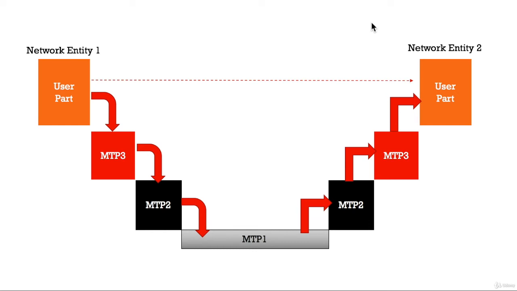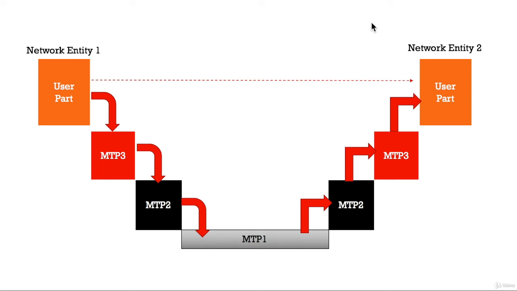The MTP1 layer is basically the bits and bytes level information, like which voltage signal is used for transmitting 1 and which for transmitting 0. So that way MTP1 layer is equivalent to the physical layer. So this is the way the network entity 1 sends the information to the physical layer.